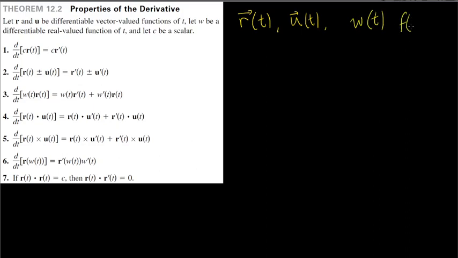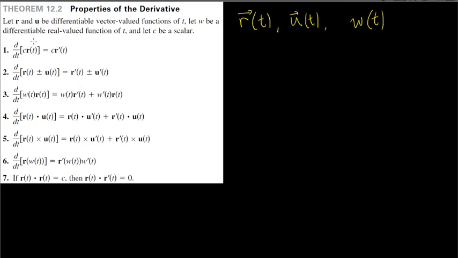I would have preferred to use something like f to remind you that it's just an ordinary function, but as long as you're comfortable that w is not a vector here, it's a scalar function.